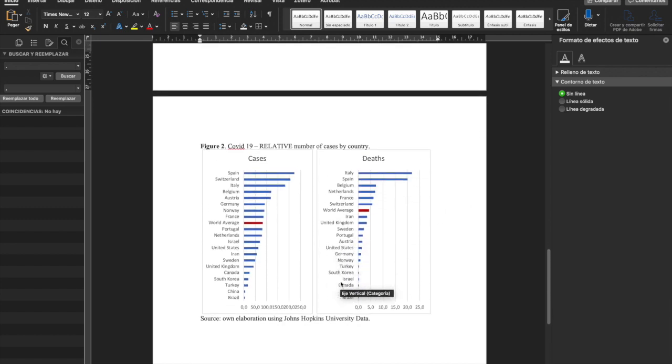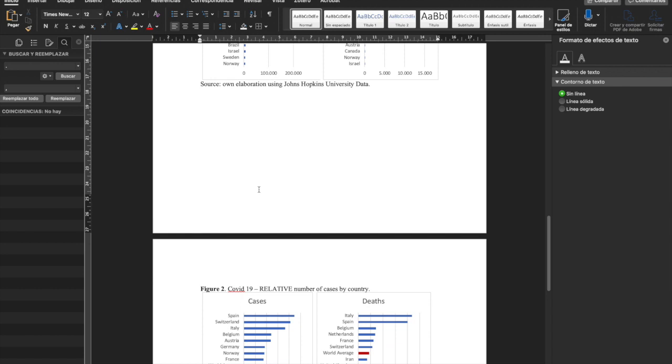Then I start analyzing and comparing. First, for example, a third from absolute to relative, or the weight of population on the disease, comparing the relative numbers.